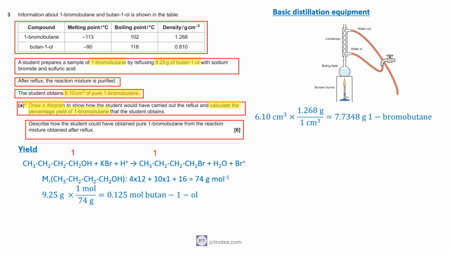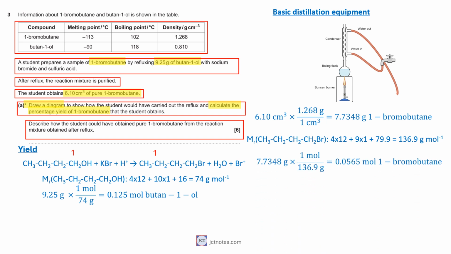With the given density on the table, we can find that 6.1 cubic centimeters of 1-bromobutane is 7.7348 grams of 1-bromobutane. The molecular mass of 1-bromobutane is 4 times 12 plus 9 times 1 plus 79.9 equals 136.9 grams per mole.